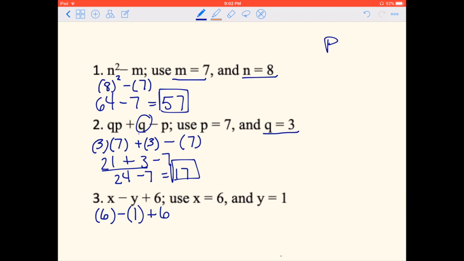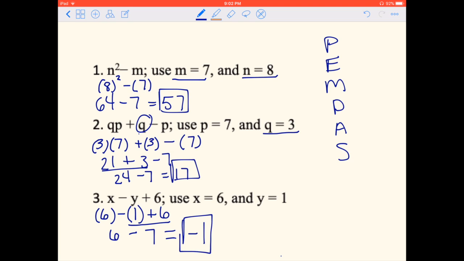Remember, please excuse my dear Aunt Sally. According to this, I need to do my addition before my subtraction. So I'm going to do this addition right here. 1 plus 6 is 7. Then I'm going to drop down the rest of the equation. 6 minus 7 will give me negative 1.